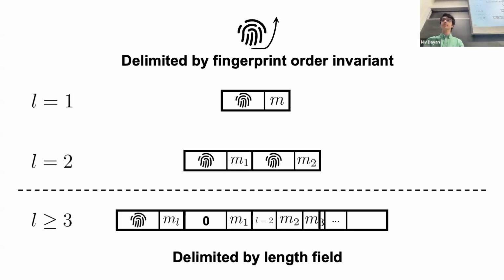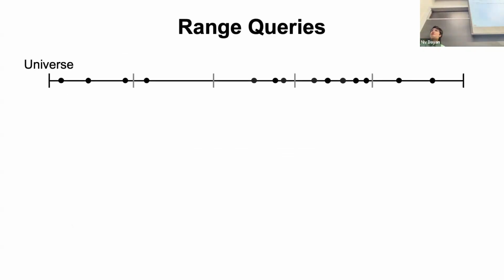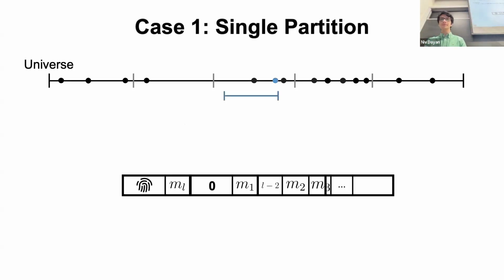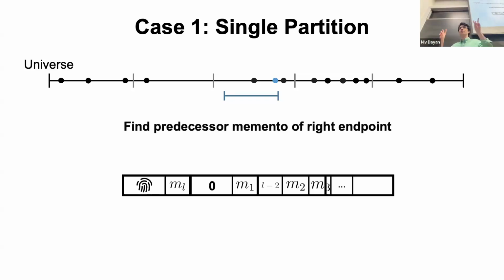All right. So let's again cycle back to see how range queries are done. I'm going to focus mostly on the case where your keepsake boxes are long, because this is really where the interesting stuff is going to happen. The other two cases are handled similarly. Okay, so we have two cases for our range queries. They're either going to intersect a single partition, or they're going to intersect two partitions. In the first case, when you have a single partition, the idea is to find the predecessor of the right endpoint of the range. So the predecessor is the rightmost key that's to the left of the right endpoint.